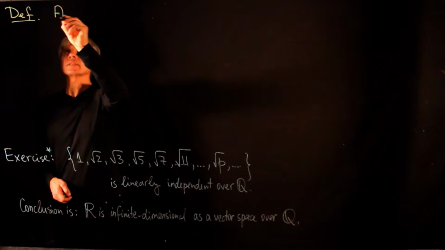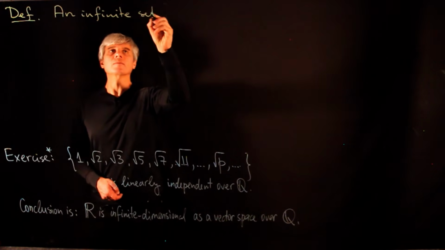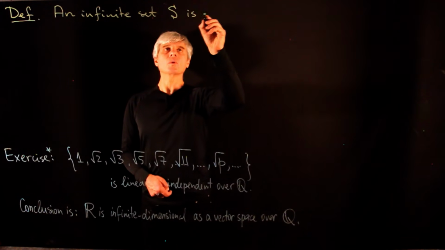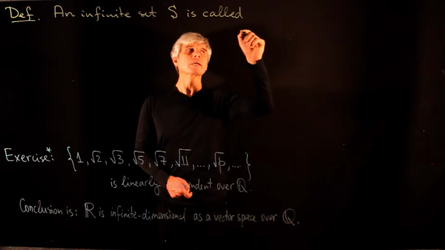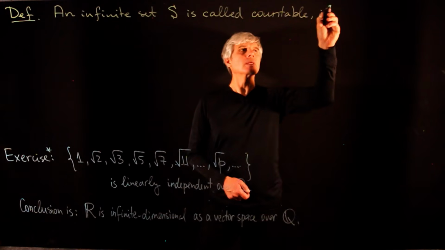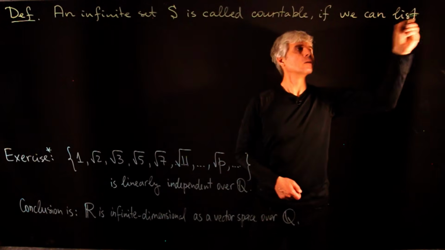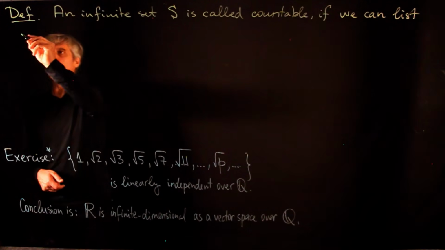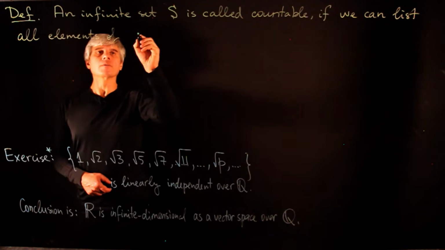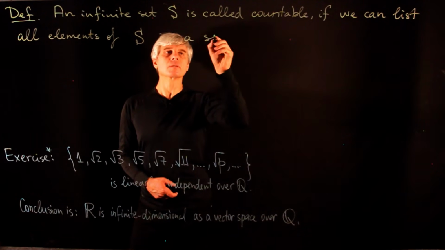An infinite set S is called countable if we can list all elements of S in a sequence.